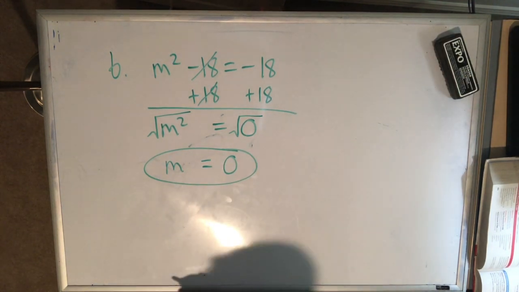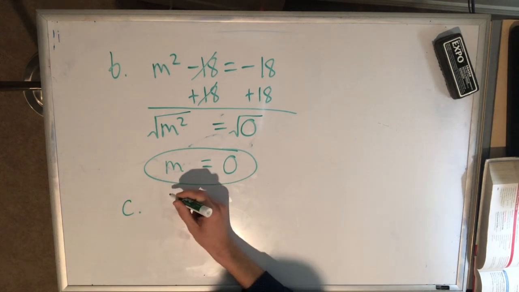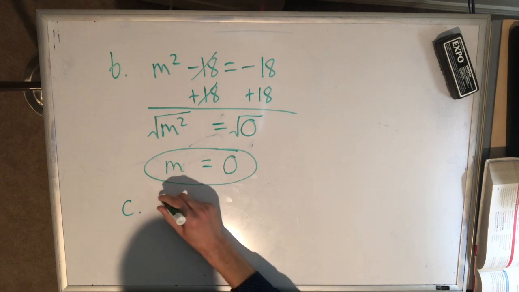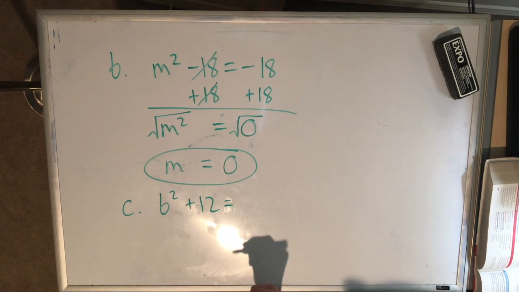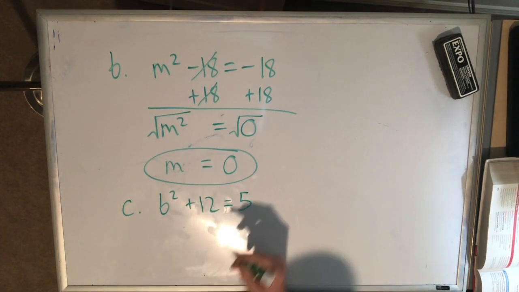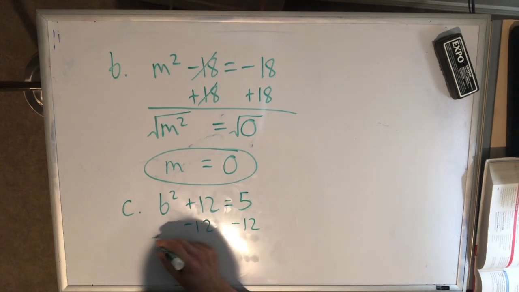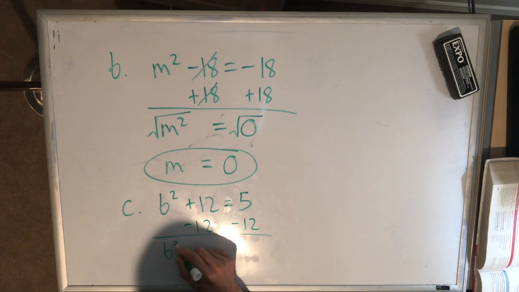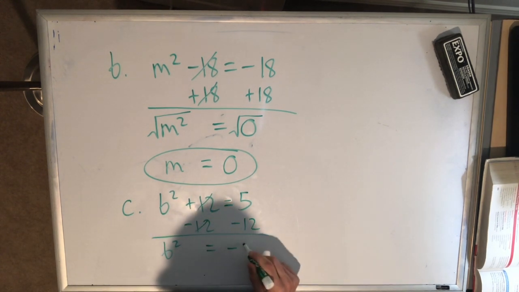Now let's look at part C. We've got solve b squared plus 12 equals 5. Subtract 12 from each side to isolate the variable squared. That's going to give us b squared equals negative 7.